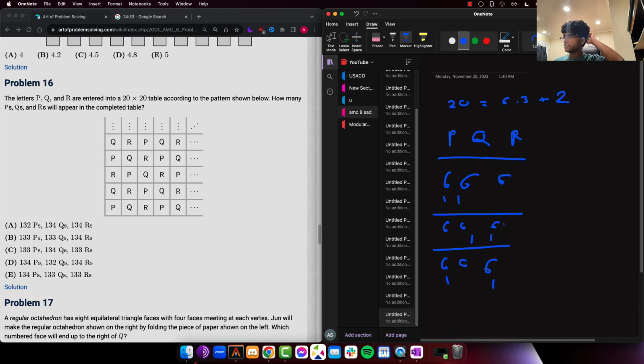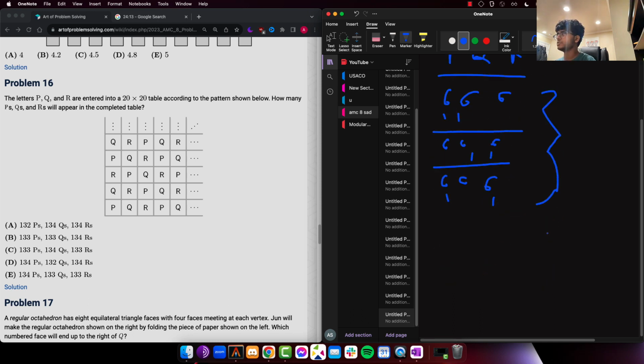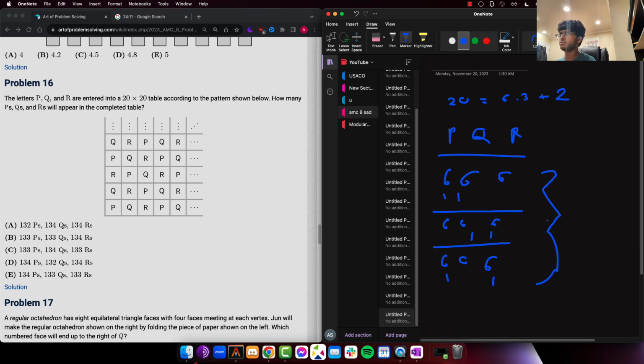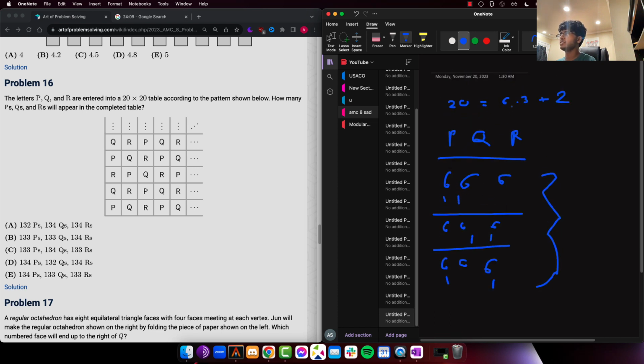Okay, this is the first 3 things, so this is 6 times 3, which is 18, 19, 20. So there are 20 of each at first. So there will be 20 of each, and then you do 20 times 6, which is 120 of each.